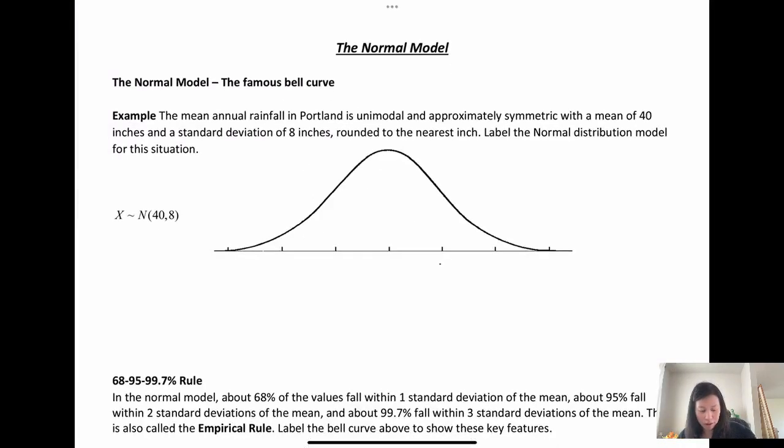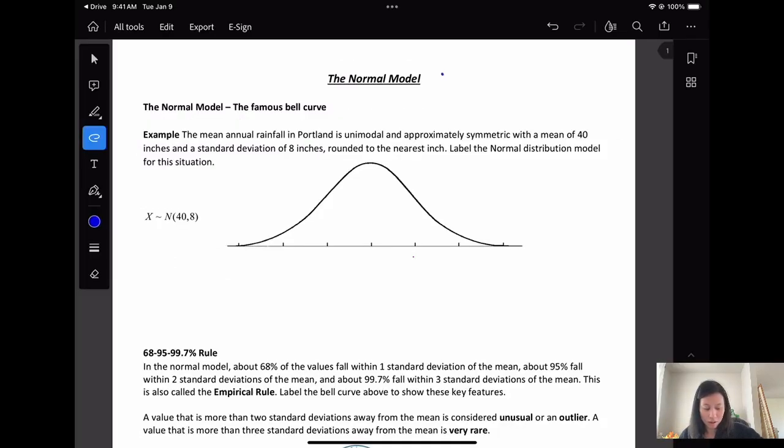So this is continuous numerical data, which we obtain by measuring.